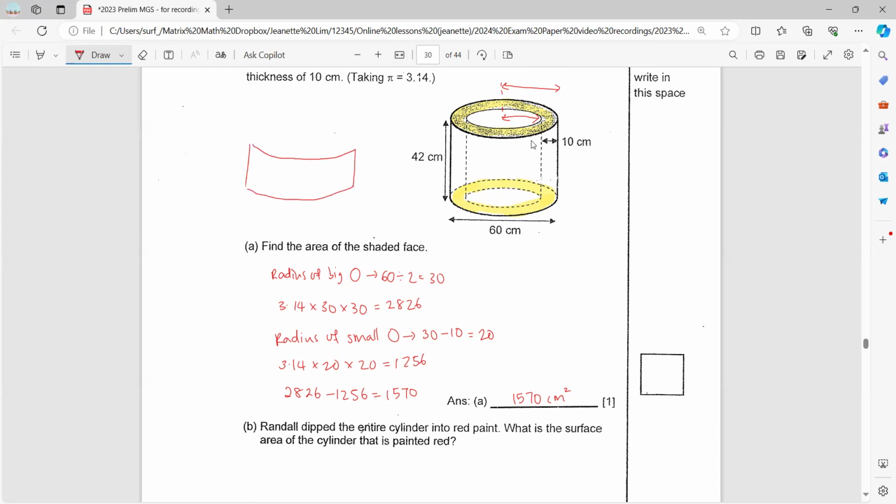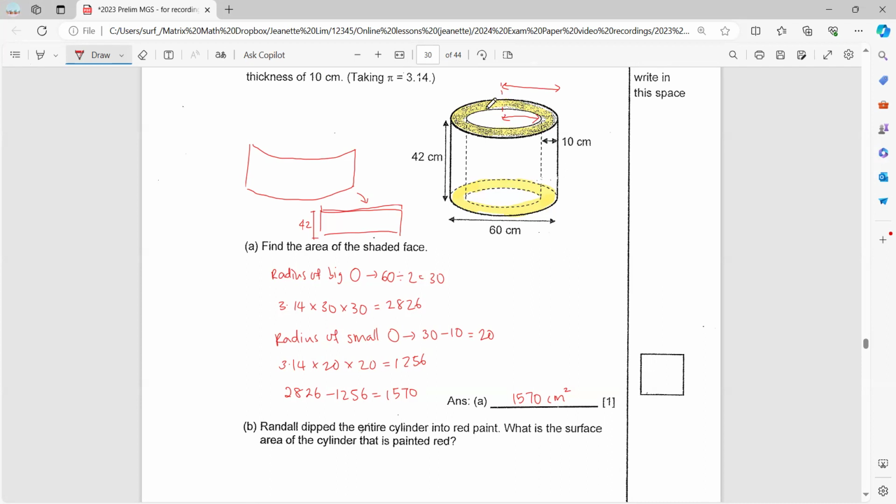This will give you a flat rectangle. And this part here, which is the length of the rectangle, is actually the circumference of the cylinder, the circumference.